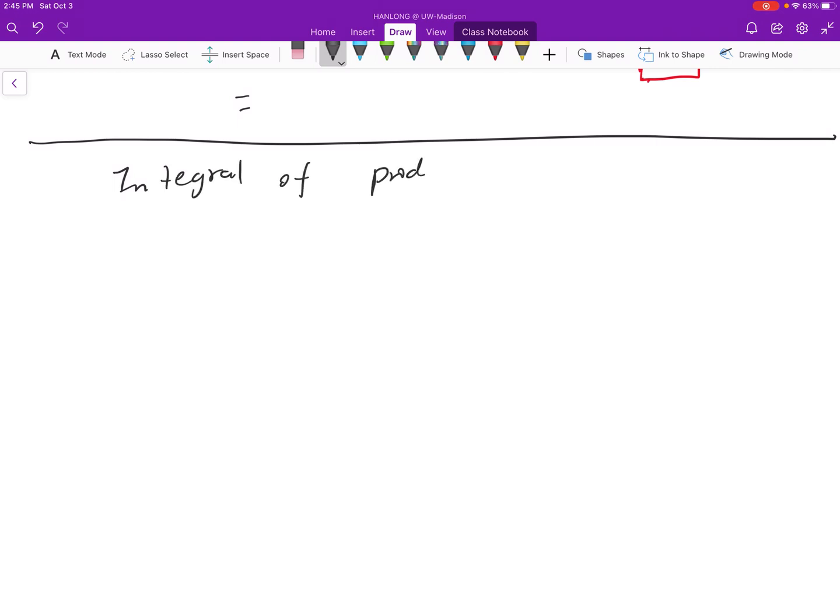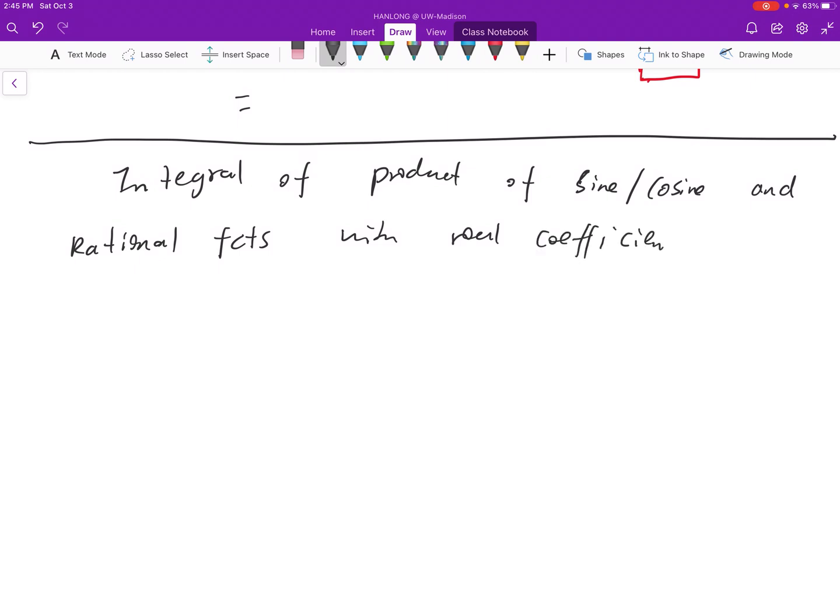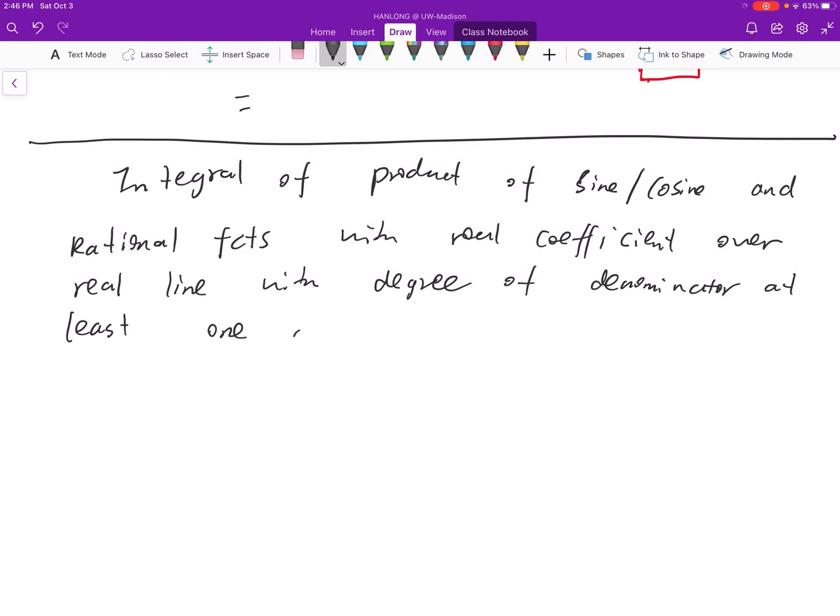Okay, next we will study the integral of the product of a sine or cosine function and a rational function with real coefficients over the real number line, with the degree of the denominator at least 1 more than that of the numerator.